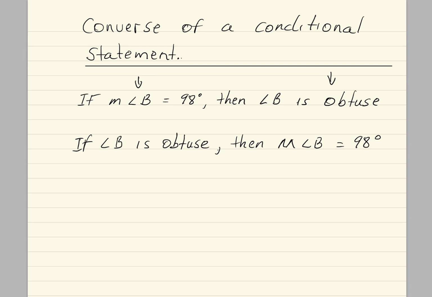So this right here is the converse. So it's essentially just a flip. You flip the hypothesis and the conclusion, and that gives you the converse of a conditional statement.